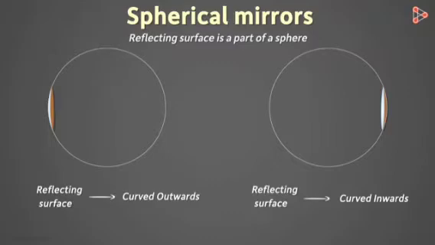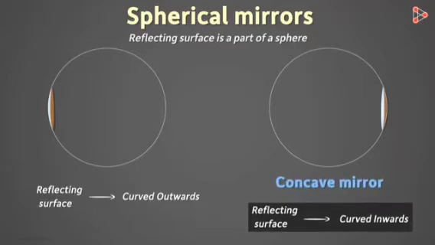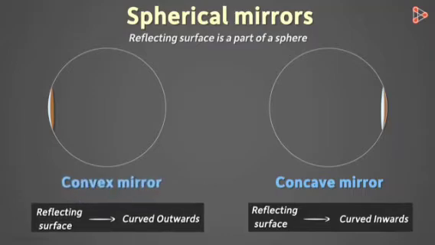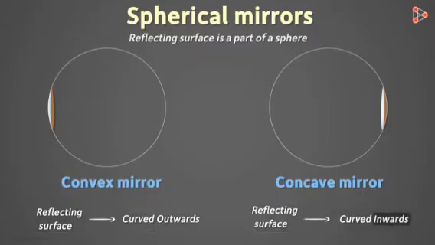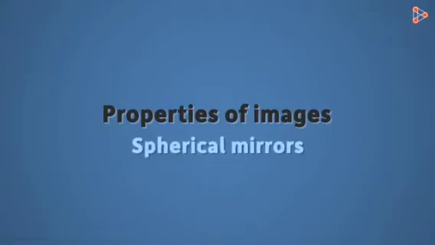Now both these are given special names. The mirror that has its reflecting surface curved inwards is called a concave mirror, and the mirror that has its reflecting surface curved outwards is called a convex mirror. Yes, inwards, concave, and outwards, convex. Now we want to study the properties of images formed by spherical mirrors.